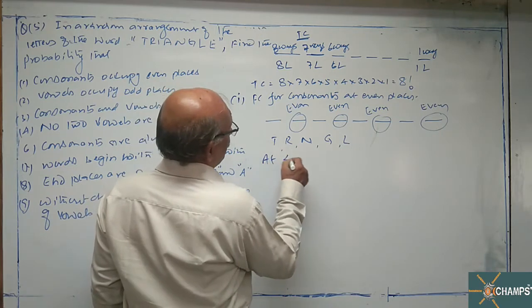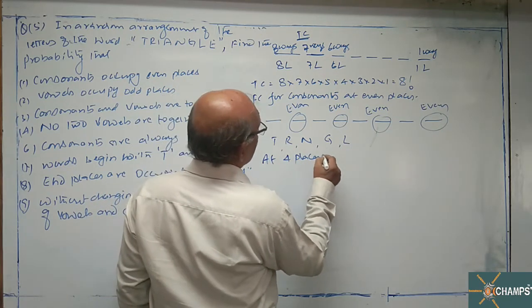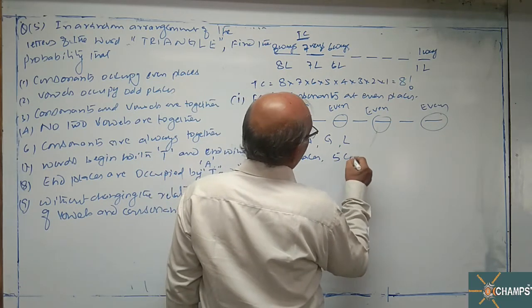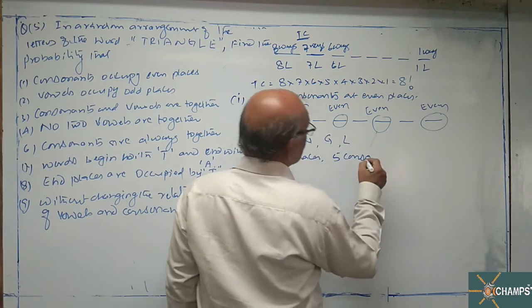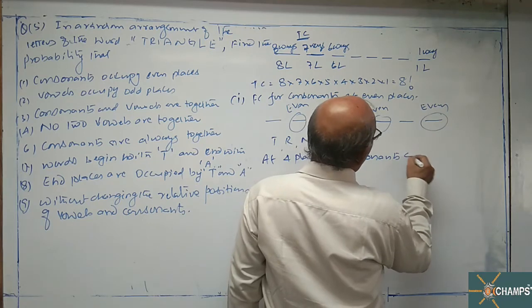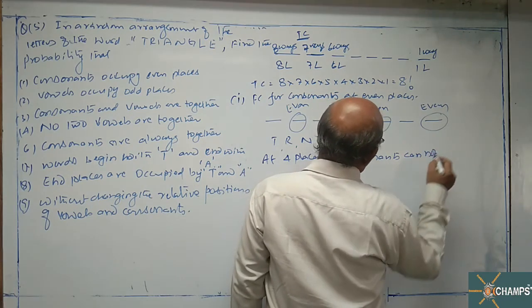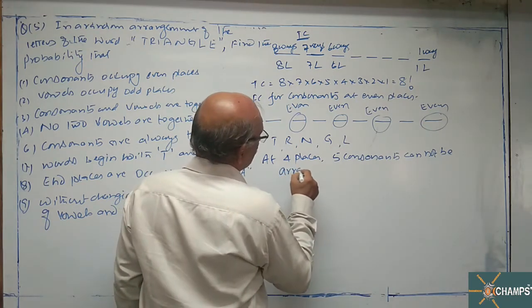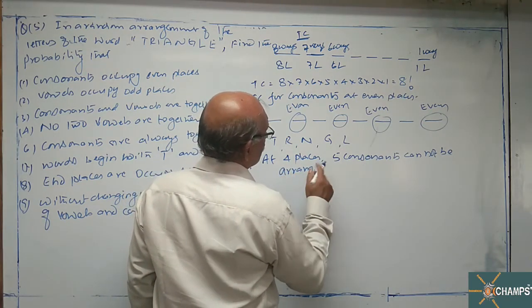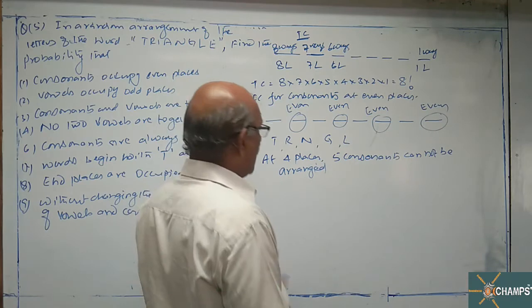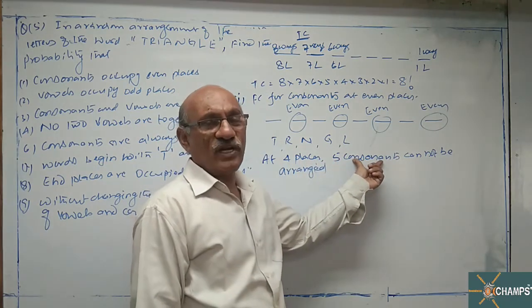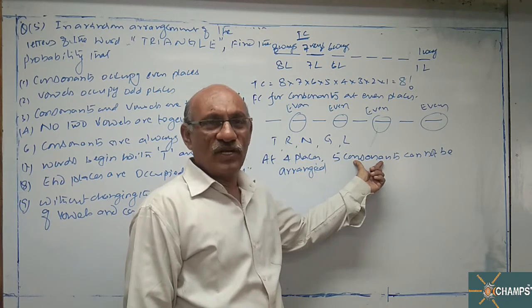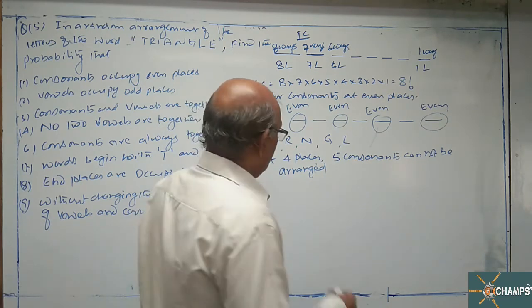So, at the 4 places, five consonants cannot be arranged. It is not possible to put 5 consonants at 4 places anyway.